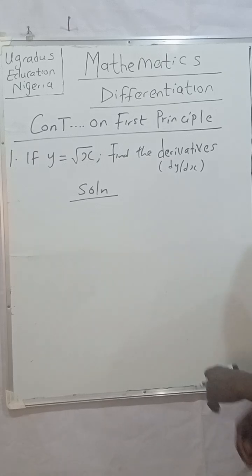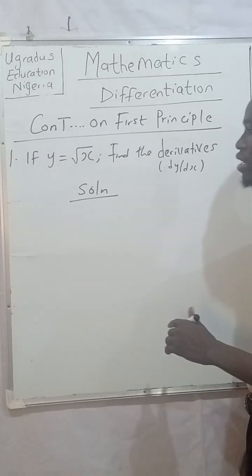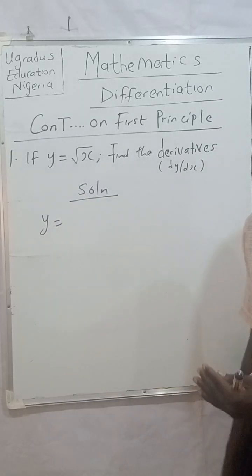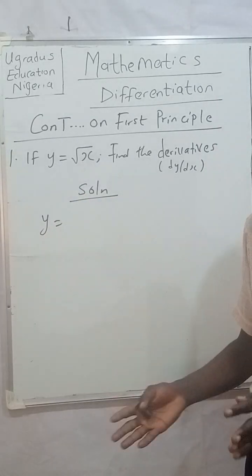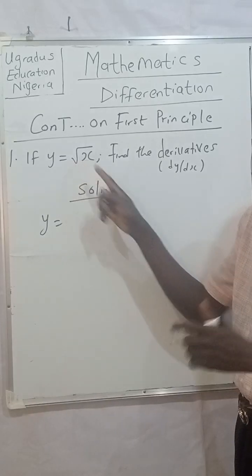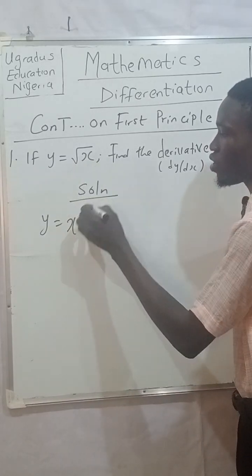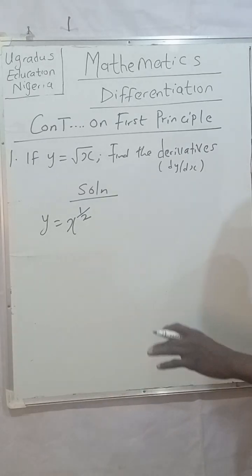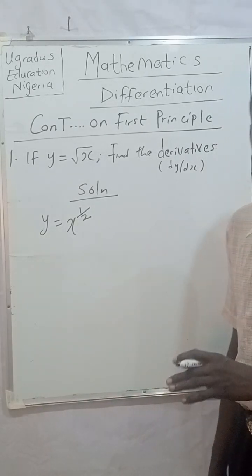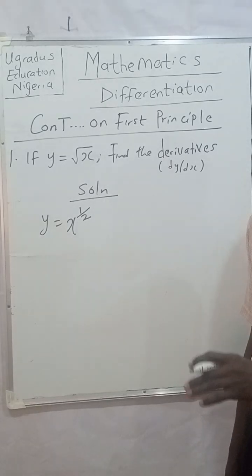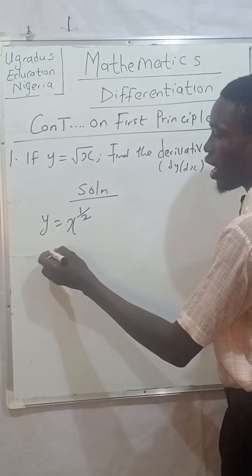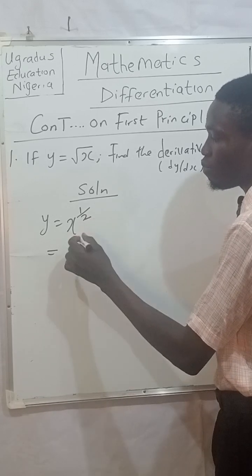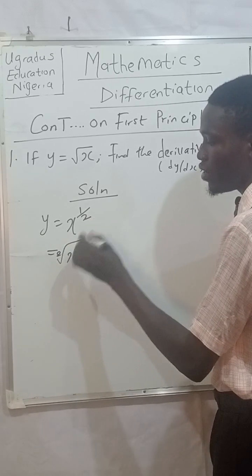Very simple. Now, the first thing you are going to do when you come to this place is to express this root x in an index form. Whenever we say index, index means power. So anytime you see a root, the index form of a root is power of half. There's a law of indices. If you are very conversant with your laws of indices, you should know that whenever you have a fractional power, you let the denominator become the root while you leave the numerator.